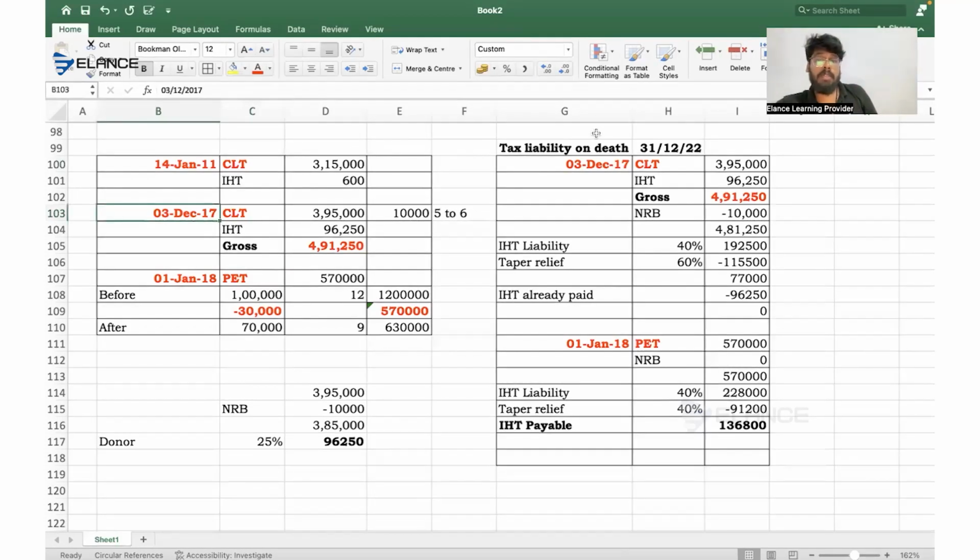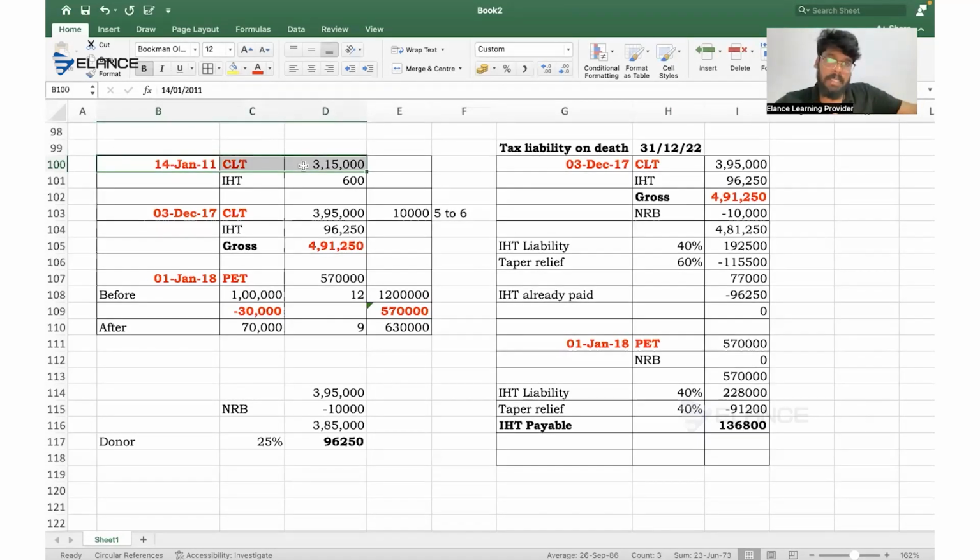And the donor died only on 31st December 2022. When you take the previous years from this date of death, this 2011 transfer is more than 7 years back. So this 315,000 is always exempted.